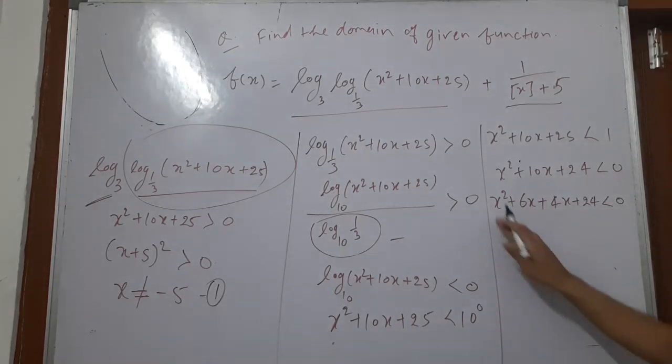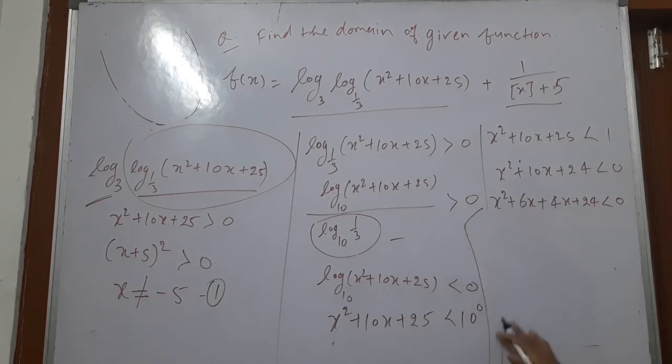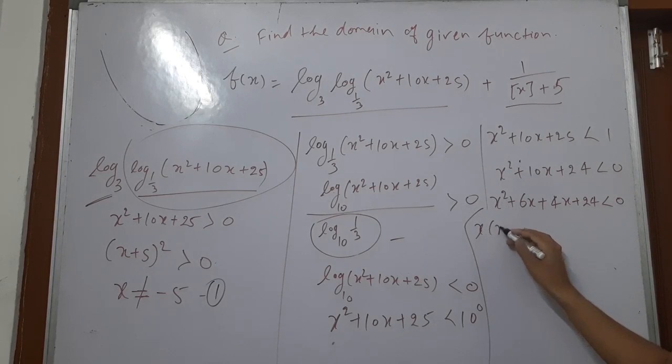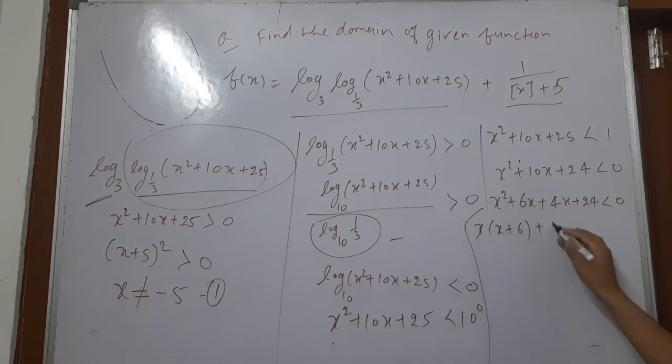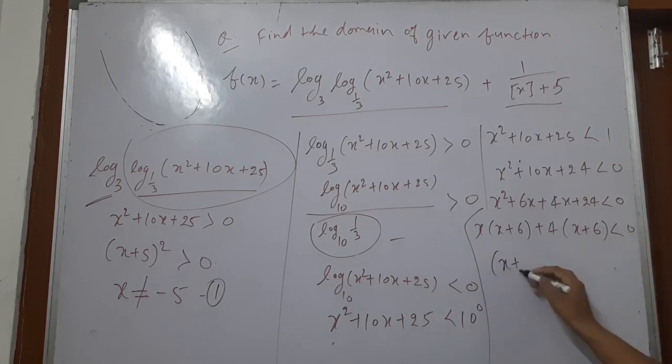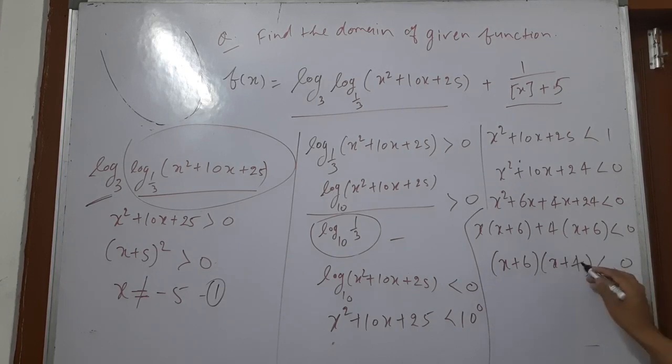Taking factorization, x common, x plus 6, and 4 common, x plus 6, is less than 0. So this is x plus 6 and x plus 4 less than 0.